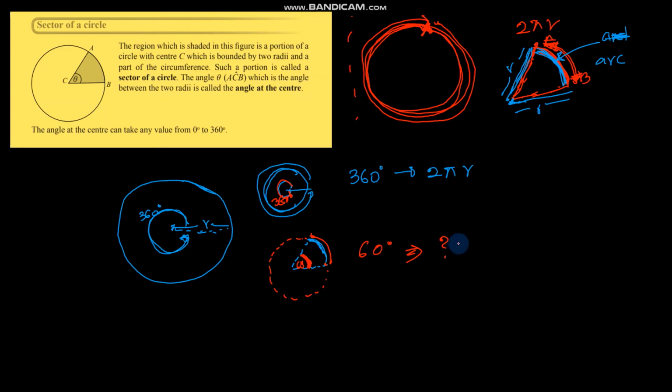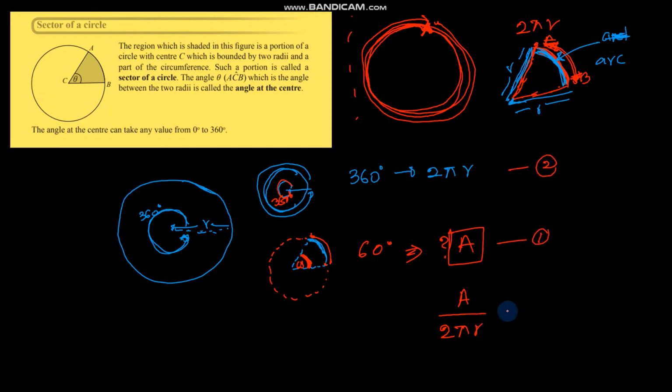Let's call this the perimeter of arc, and let's put the value of a in here. As I mentioned, this is proportional, so a divided by 2 pi r is equivalent to 60 divided by 360, right?